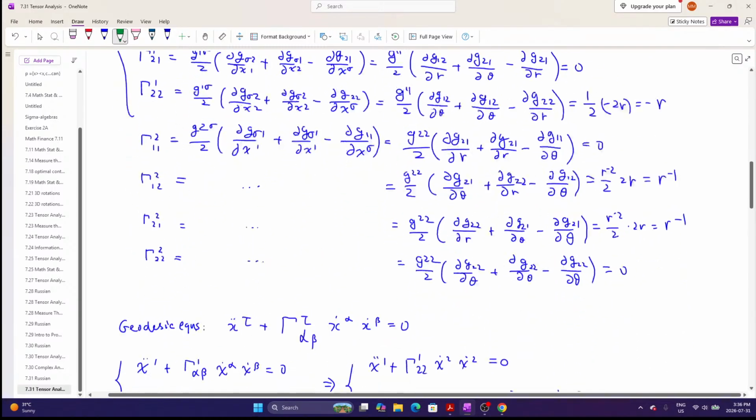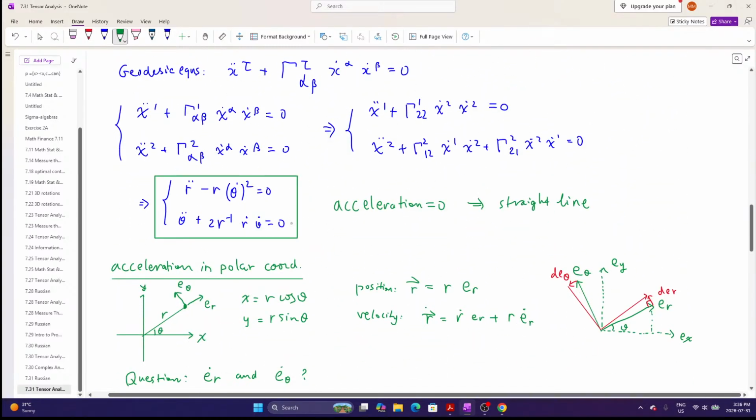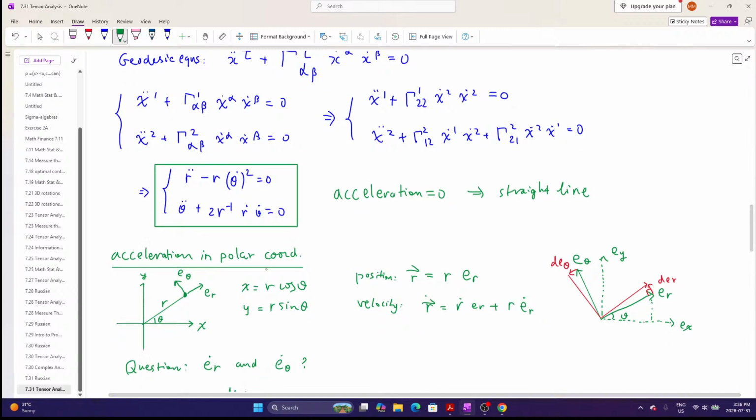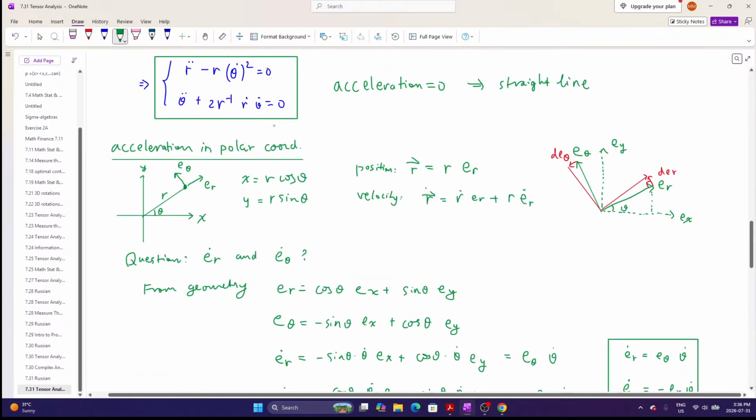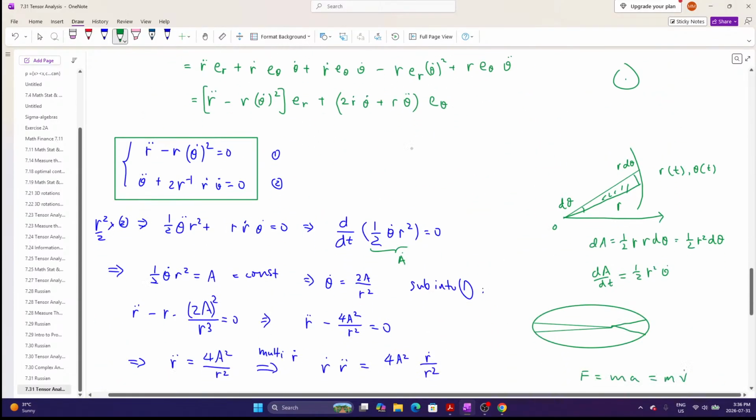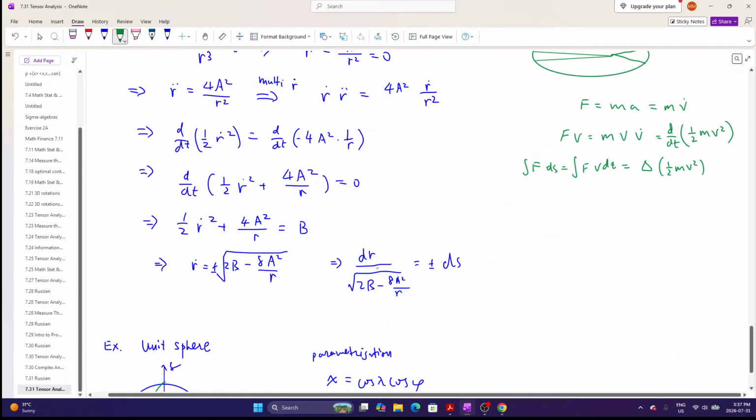However, even after you derive the geodesic equation, it's not that obvious that this is a straight line. We have to appeal to a physical argument: acceleration equals 0, therefore by Newton's first law, you get a straight line. I was trying to get a mathematical justification, but the integral is just too nasty.